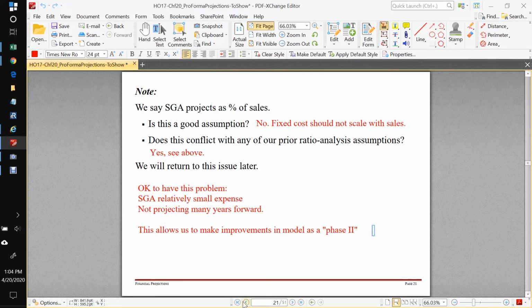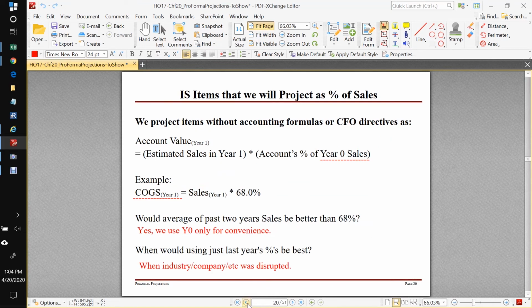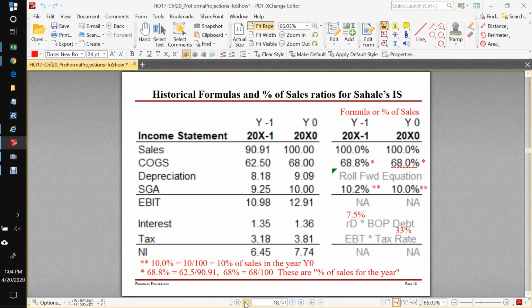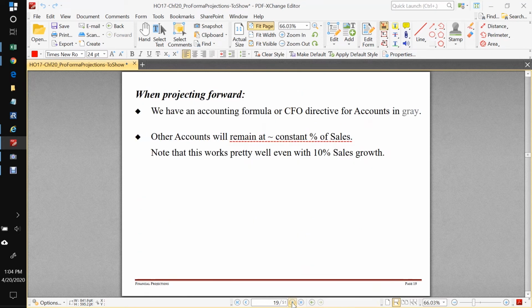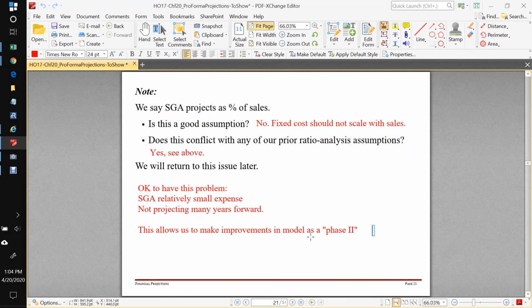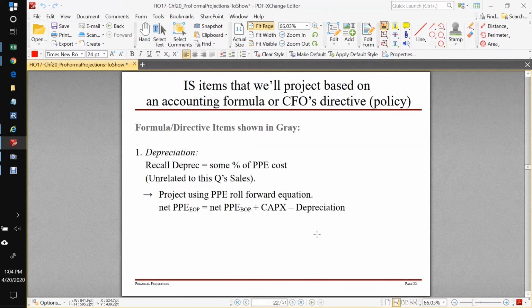So we report to the CFO all this great stuff, and she says, "Oh, that's really great." And we say, however, we can refine this for you and do better. For example, we can do a good study of where your SG&A is going to go and model that in a more sophisticated way than just assuming it's going to grow with sales, which is probably a bad assumption, et cetera. So then we get the phase two contract and we get another $100,000 and we're very happy as consultants. Okay, so let's move on.